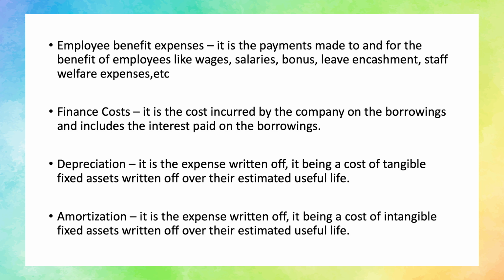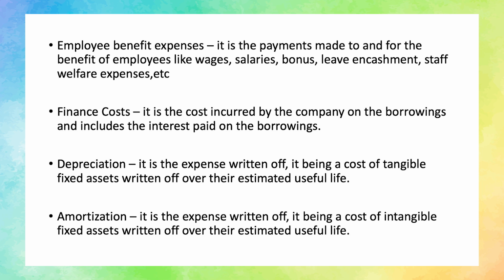Dear students, now we will learn depreciation and amortization. Depreciation is the expense written off, it being a cost of tangible fixed assets written off over their estimated useful life. All of you are aware of the meaning of depreciation: it is the gradual decrease in the value of fixed assets.